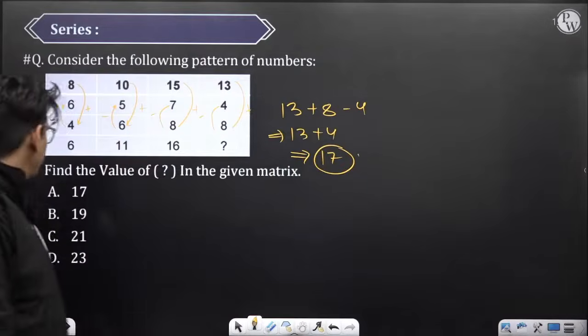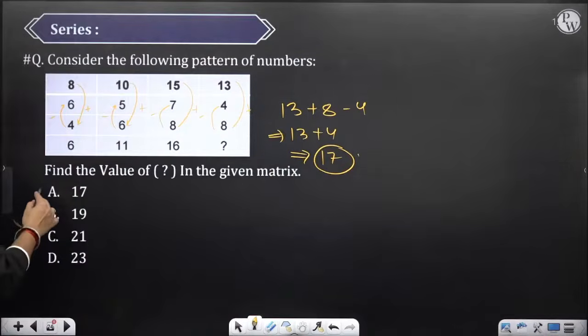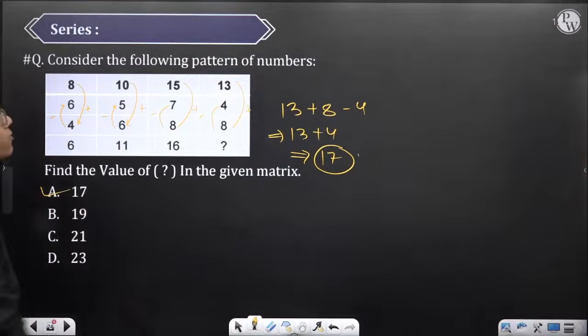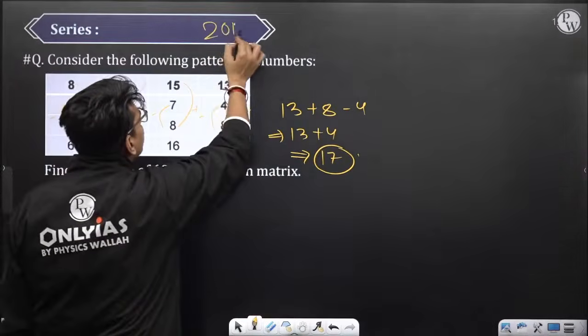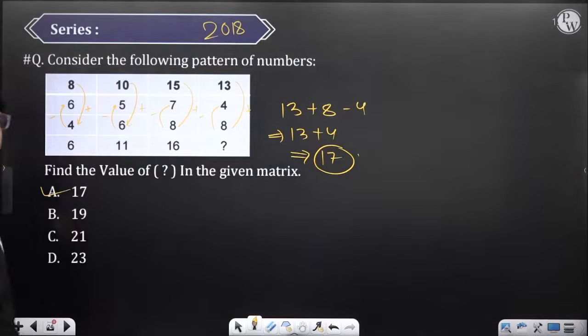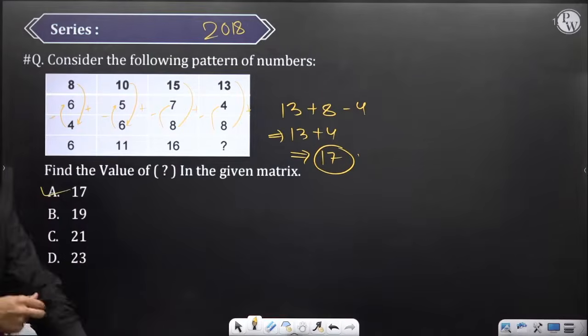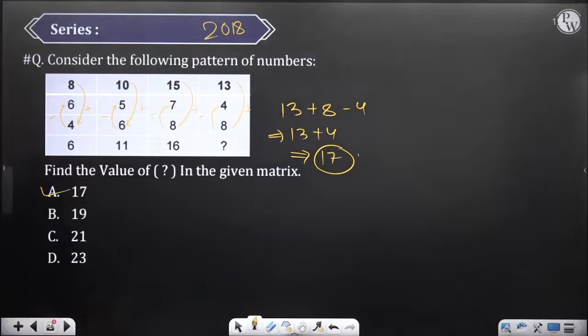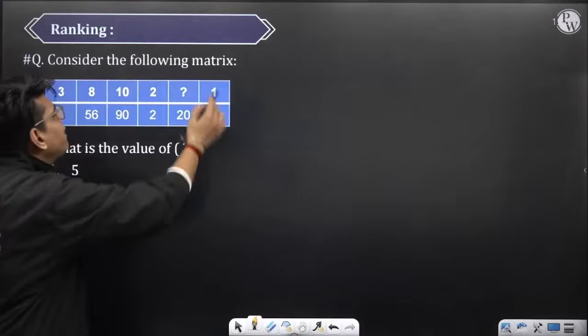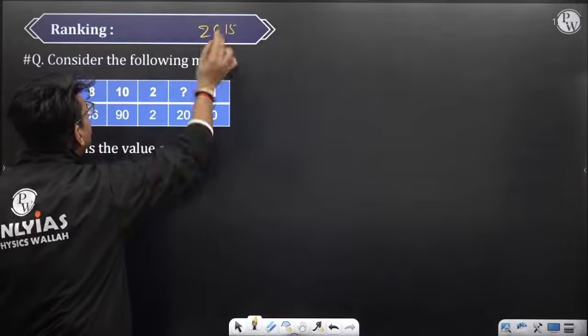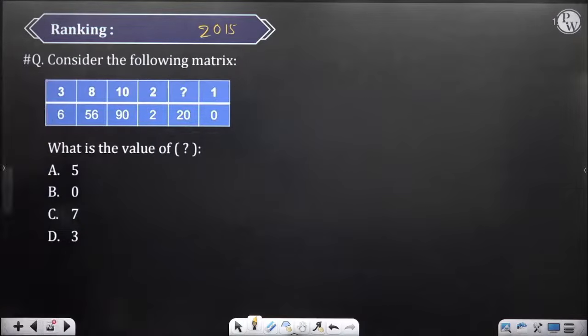So the question will have answer 17. This is a question from 2018. So we have almost taken all the questions recently asked from numeric series. Let's take the next question. This is from 2015. The first term is 3, second is 8.